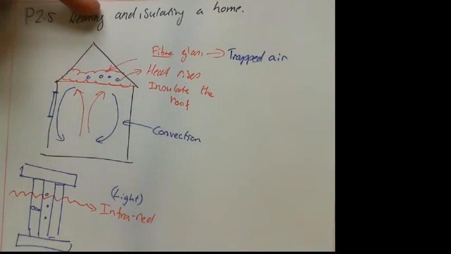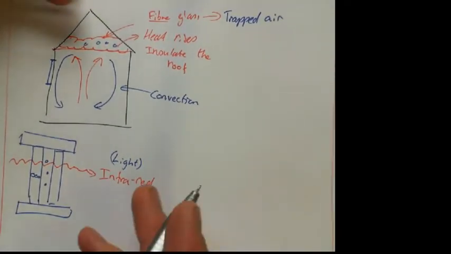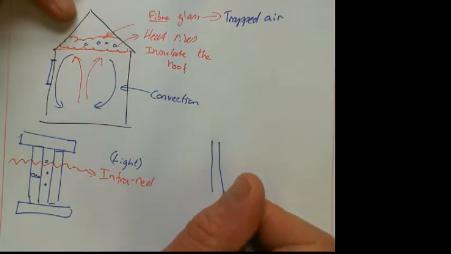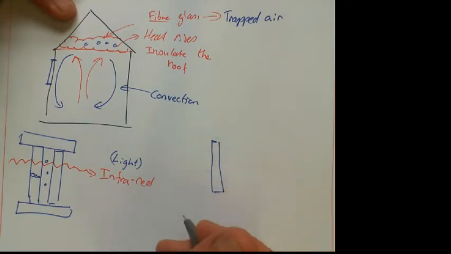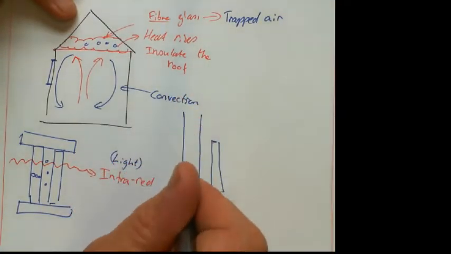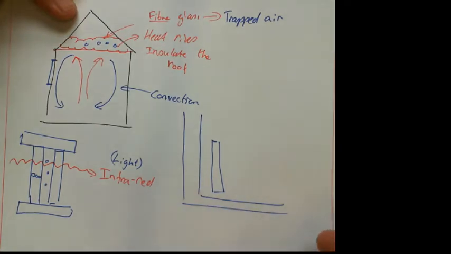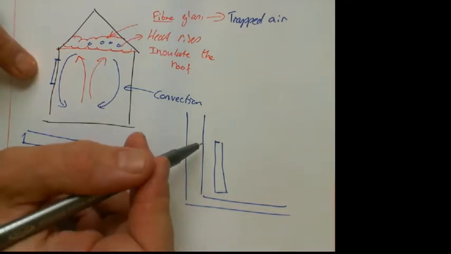Okay, the next one I want to talk to you about is, if you have a radiator here, and this is a bit of an exam buzzword. If you ever see the word shiny in an exam, you want to be thinking about emitters and absorbers of radiation.